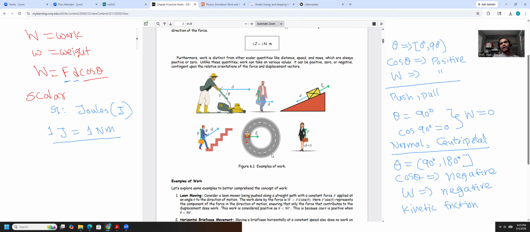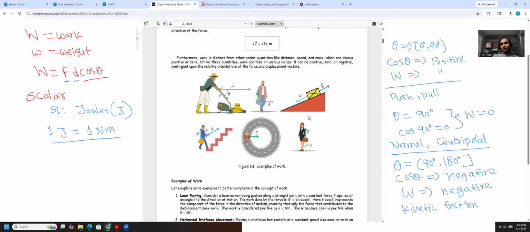No matter where the car is in this circular path, in any circular track, the centripetal force and the direction of motion are always perpendicular to each other. And perpendicular to each other means theta equals 90 degree and cosine 90 degree is equal to 0, and work done then is equal to 0, right? So centripetal force does no work.